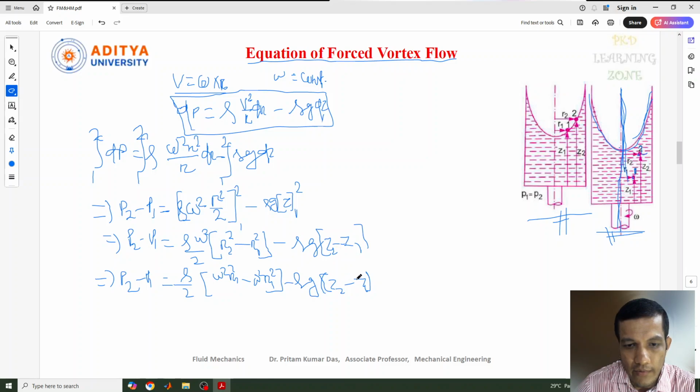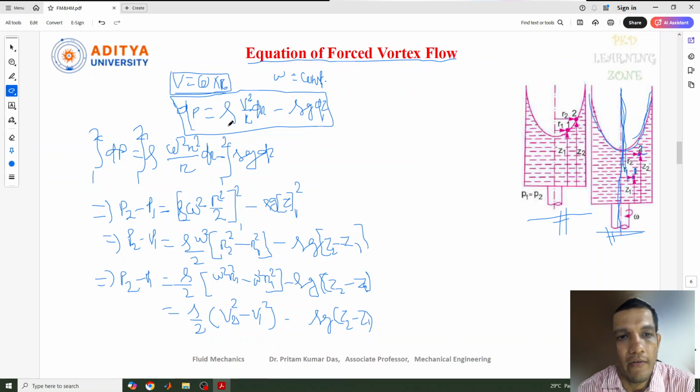So here we can give a normal bracket instead of the square bracket. It is already over, so we can give a normal bracket. Now you see omega square r square; we already know that omega r equals v. So here we can write rho by 2 into (v2 square minus v1 square), and similarly rho g into (z2 minus z1), because we know that v equals omega into r.